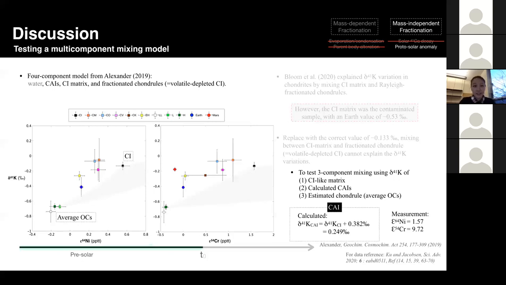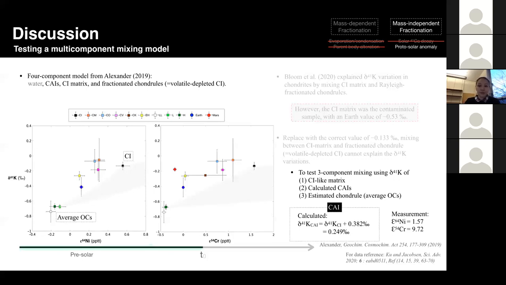In fact, given the super positive anomalous CI values for epsilon 64 nickel and epsilon 54 chromium, the true value of CAI doesn't seem to affect the mixing region so much. As you can tell, none of the samples are located in the mixing area shown in gray in the figure at the bottom.